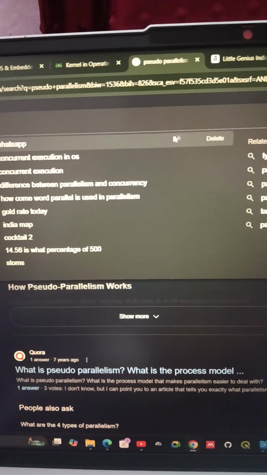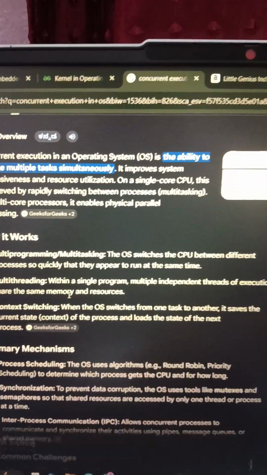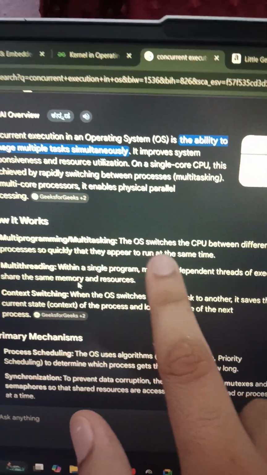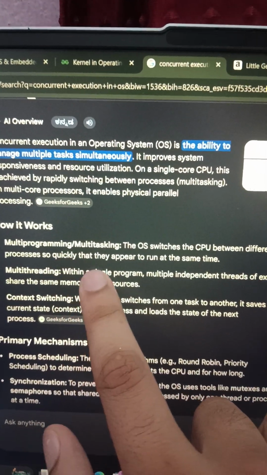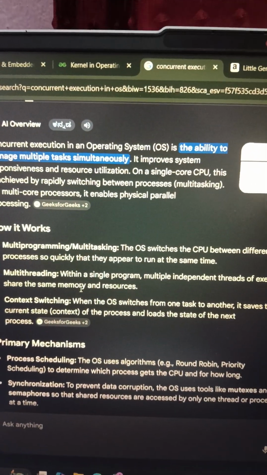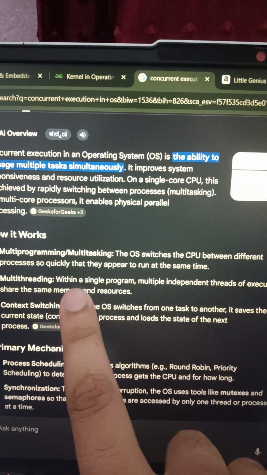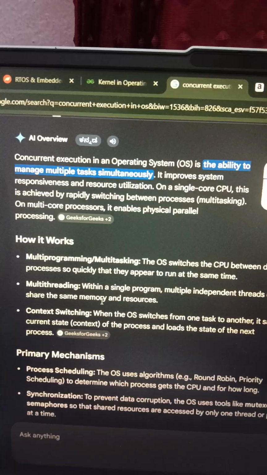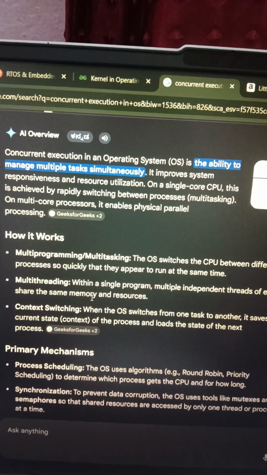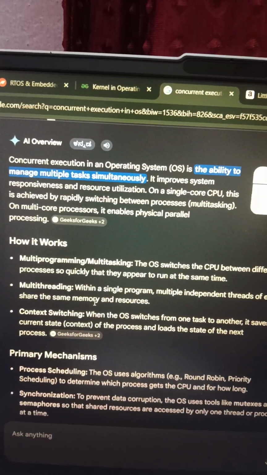So if we search for concurrent execution in operating system, we can see here the OS switches the CPU between different processes so quickly that they appear to run at the same time, but they are actually not running at the same time. That is what pseudo parallelism means.